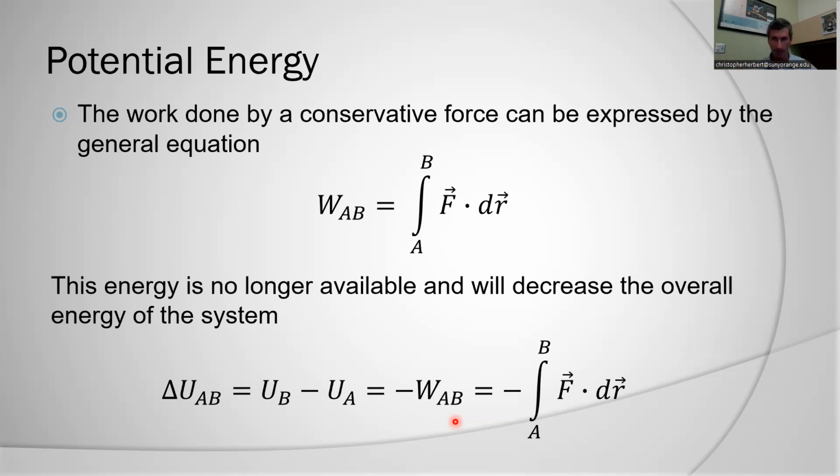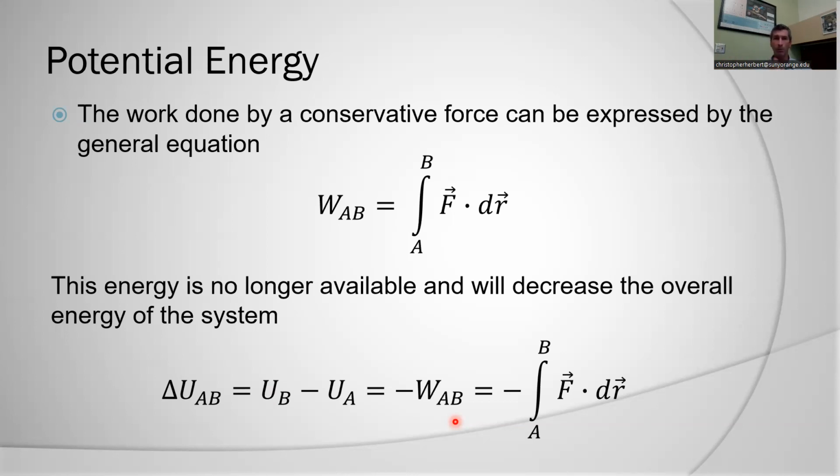We use gravity as an example. If you're going uphill, you're putting work in, and that is adding gravitational potential energy to you. As you get to the top of the hill, your potential energy is maximum, and then you can go downhill. Instead of you doing work, you can have gravity do work for you.